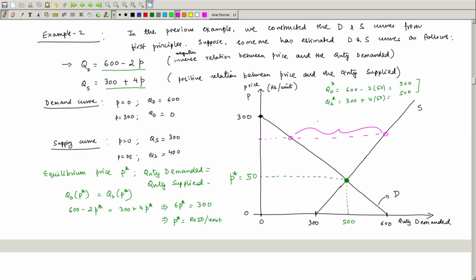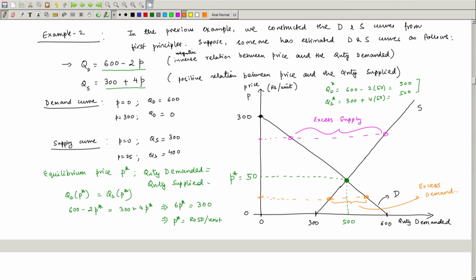So, there is an excess supply. For a price below the equilibrium price, the quantity demanded is greater than the quantity supplied. So, there is an excess demand.